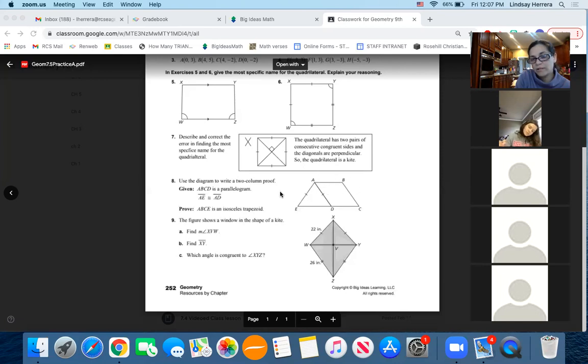That is also transitive, because if AB is parallel to DC, then it is also parallel to the whole thing. And our last would be to say that ABCD is a parallelogram. I'm sorry, ABCE is an isosceles trapezoid. I was looking at the wrong thing. ABCE is an isosceles trapezoid.